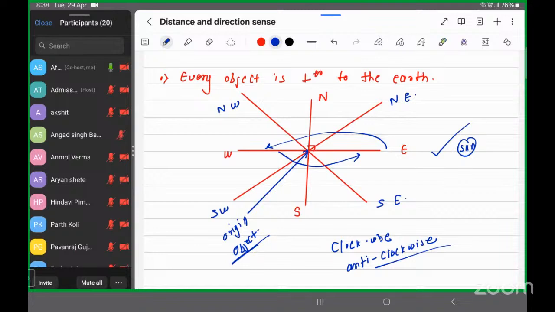And at mid afternoon we consider that there is no shadow. There is a shadow which is very small, but we consider that there is no shadow at afternoon, exactly noon. Okay.